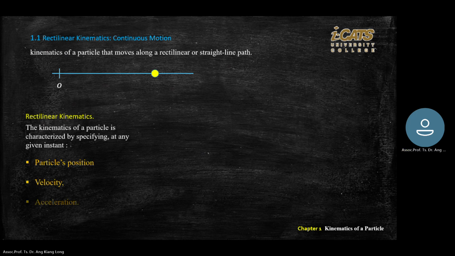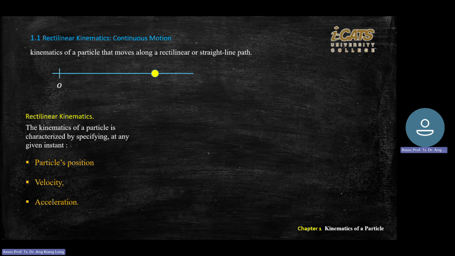So we need to know these 3 parameters: position, meaning x, y, z. Velocity means you take the distance divided by time. How do you know distance? Point to point, you take the last position minus the original position, not the origin minus the last.